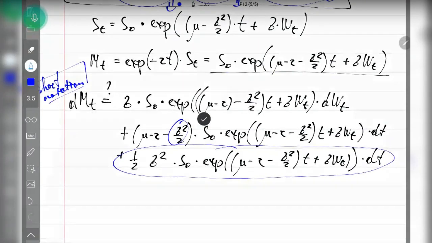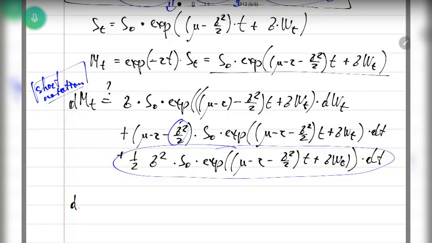Okay, what can we write for dMt? We can write dMt in the following form.